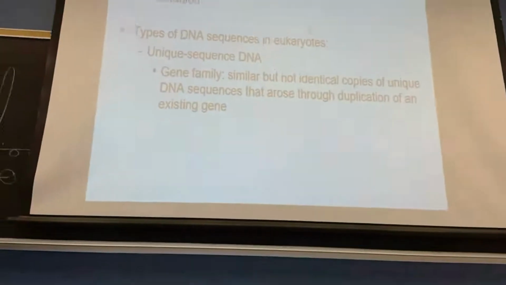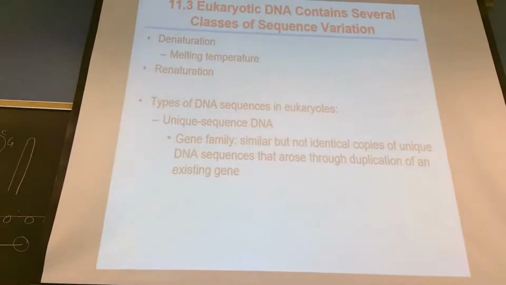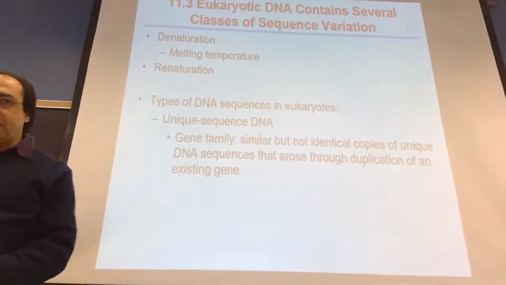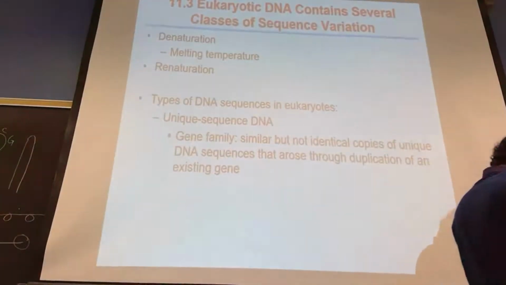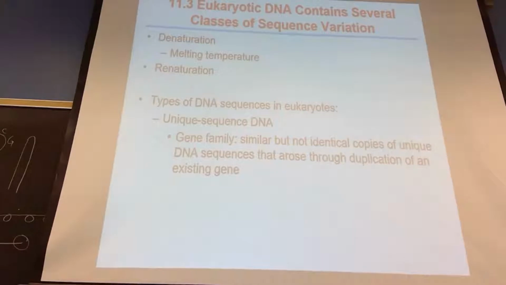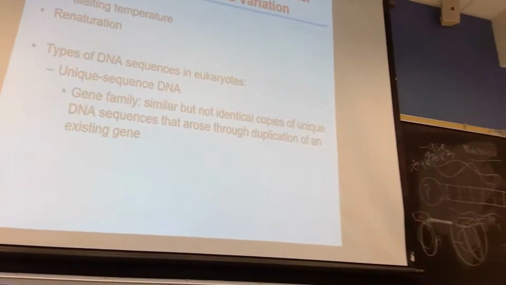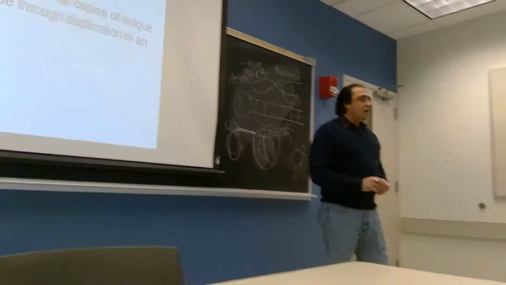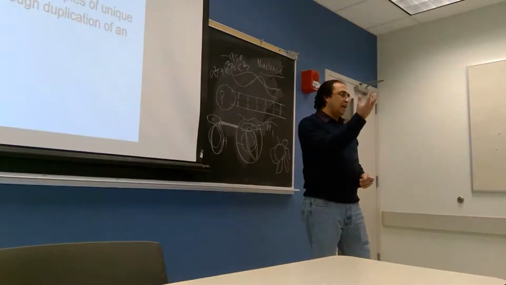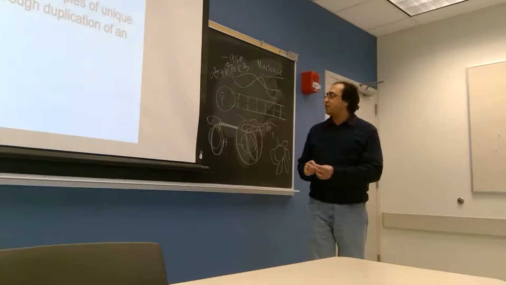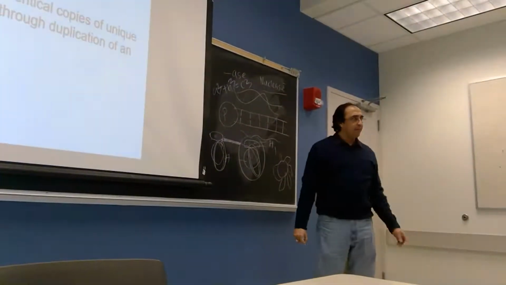Some other things are called sequence variation. We'll talk about this later in our biotechnology class, which is called denaturation and renaturation of DNA. Denaturation of DNA is called melting. If the DNA is heated up to about 90 degrees centigrade, the DNA strands are separated.